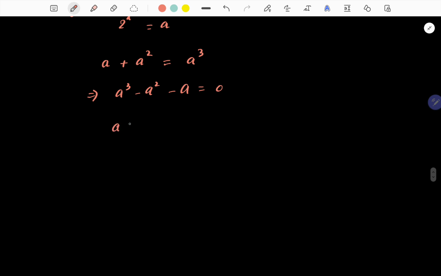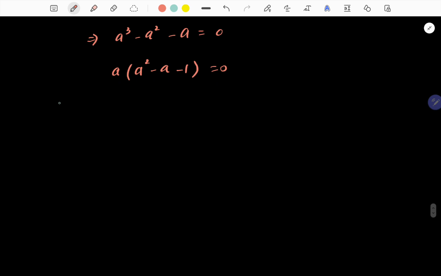Taking a common from this, we will get a(a^2 - a - 1) = 0. So from here either a = 0 or a^2 - a - 1 = 0.